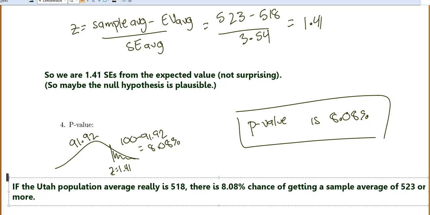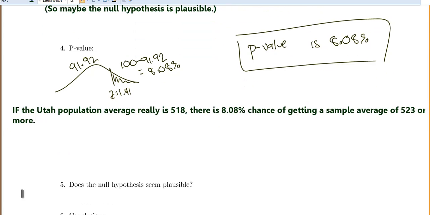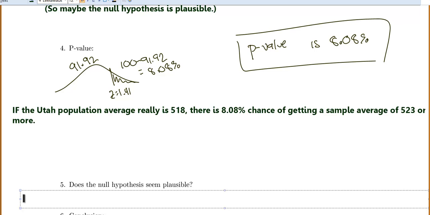Now 8%, that might not seem very high, but 8%, that's about like 1 in 12, so it would happen fairly often. That's not a horrible chance. And so when I ask, does the null hypothesis seem plausible, I would say, yes, it seems plausible. I can believe that an 8% chance happened. That's not that big of a stretch.